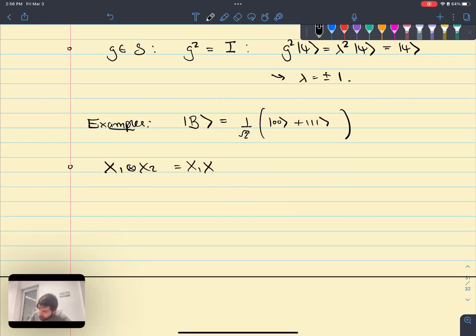And also, consider this state and another one, Z1 tensor Z2, which we will write as just Z1, Z2.